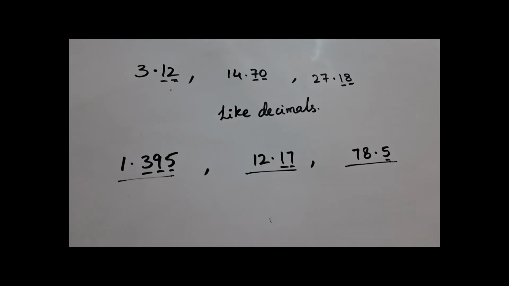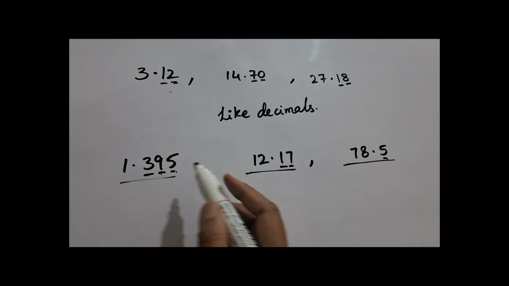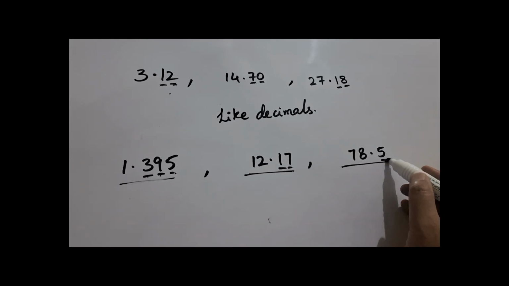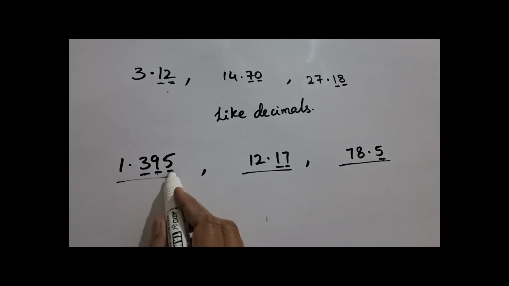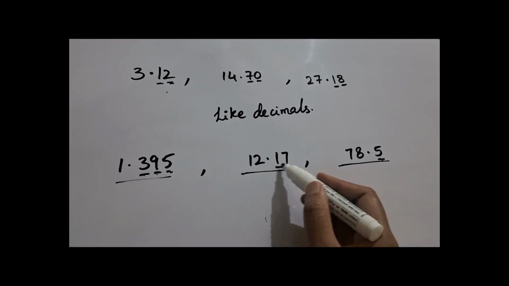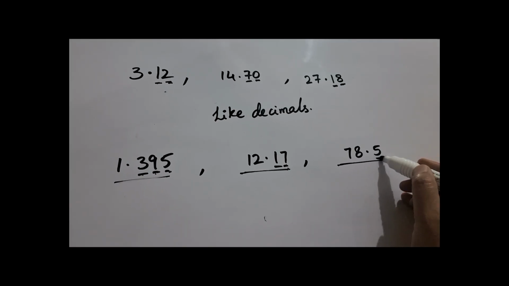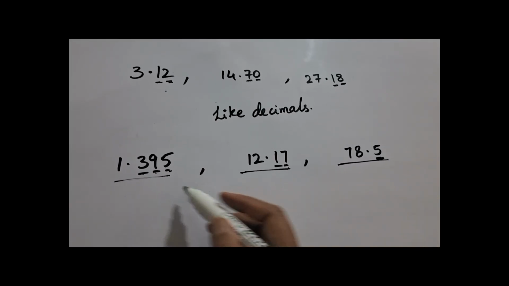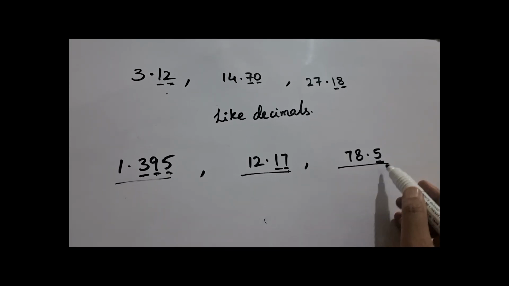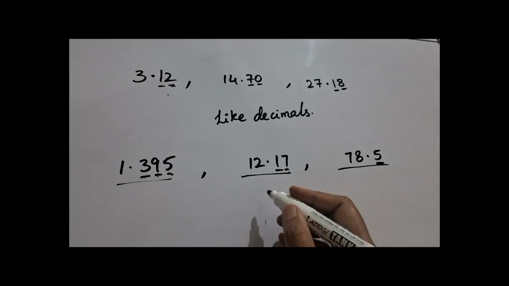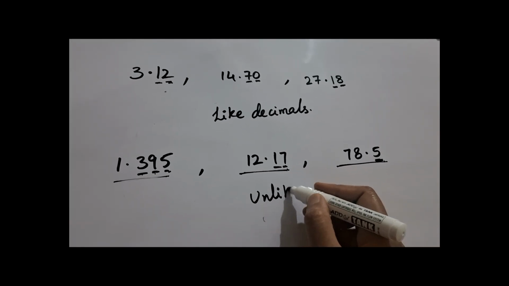Unlike decimals: the decimal numbers which have different number of decimal places. Suppose, for example, this decimal number is having 3 decimal places. This decimal number is having only 2 decimal places. And this decimal number is having only 1 decimal place. So, there is different decimal places in these 3 decimal numbers. Such type of decimal numbers are called as unlike decimals.